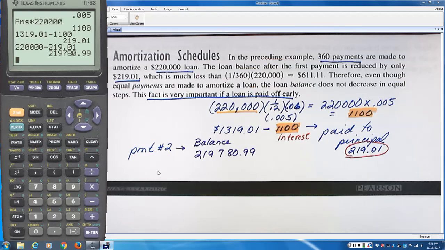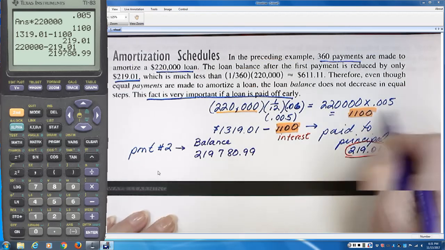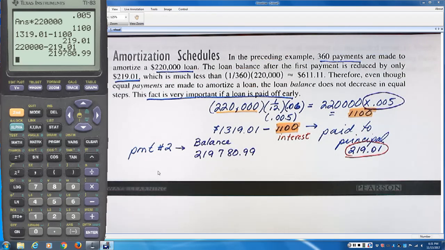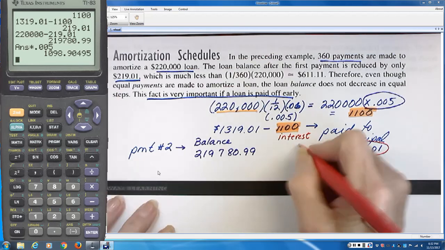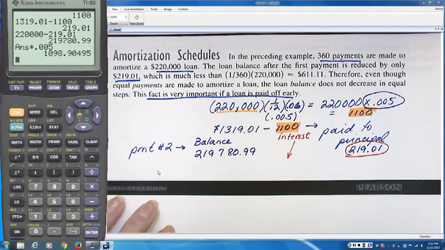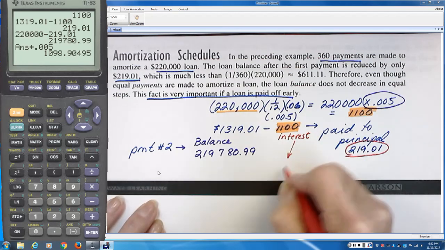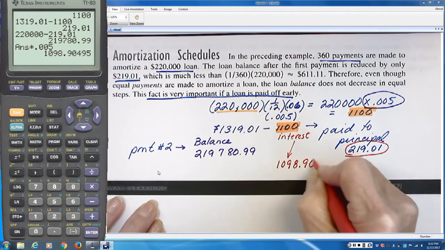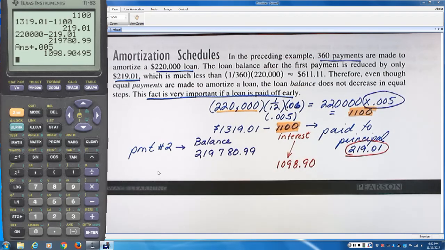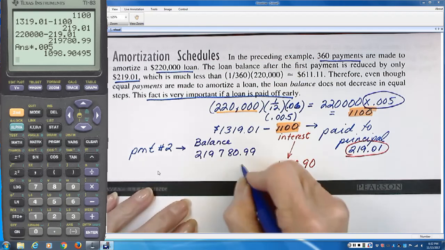And you are now going to have to pay interest on that amount for 1 month. So at this point, your amount of interest that you're going to pay is going to be $1,098.90, while you're still going to pay your $1,319.01.